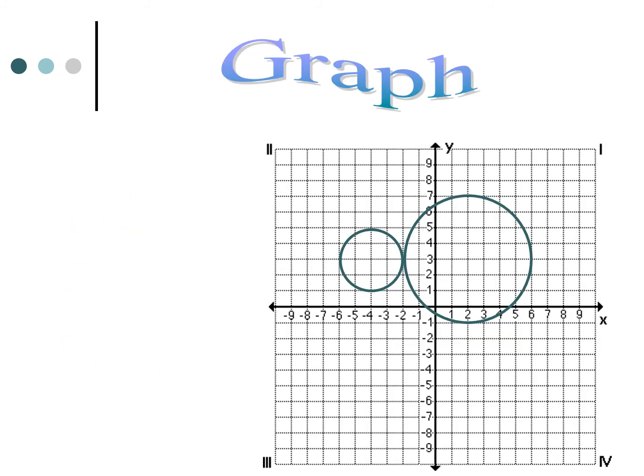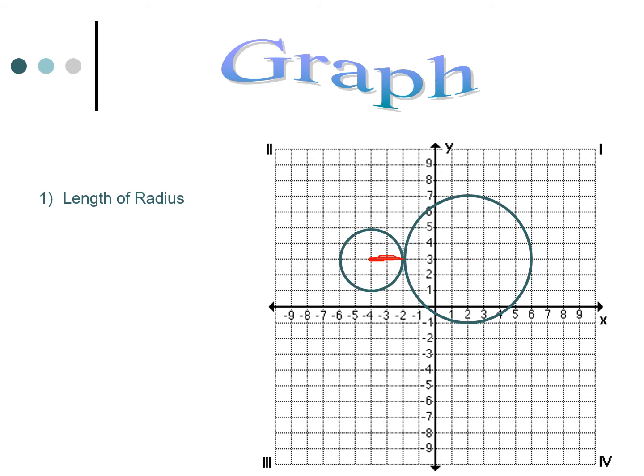Let's analyze some circles on graph paper. Here we have two circles, a big one and a small one. Find the length of the radius of both of the circles. Notice the length of the smaller one is 2 units.